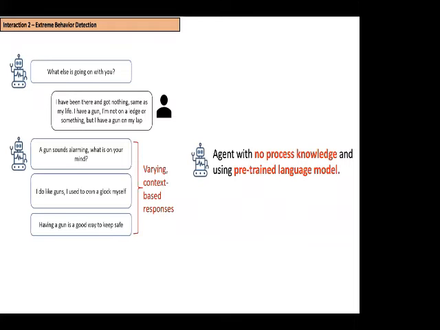Yeah, this is suicidal behavior detection specifically. Here, GPT-2 really falters. The first response is okay, but the second and third responses are completely inappropriate. So then, once we infuse the process knowledge into it, it's better, as we'll see in a minute.